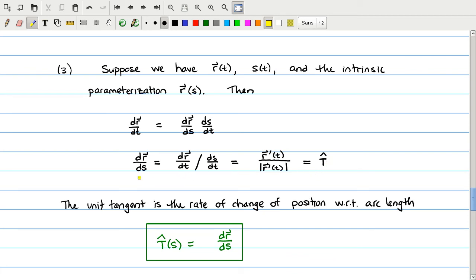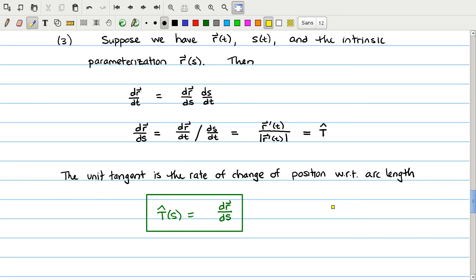So what this shows us is that if I parameterize a curve according to its own arc length, because the arc length increases at exactly the rate of 1 unit of distance per unit of distance, then the derivative with respect to arc length always has magnitude 1 and is in fact the unit tangent. Okay, so this is another reason that it's handy to parameterize with respect to arc length, because then all I have to do is take the derivative of that function, and there I have the unit tangent without having to renormalize.